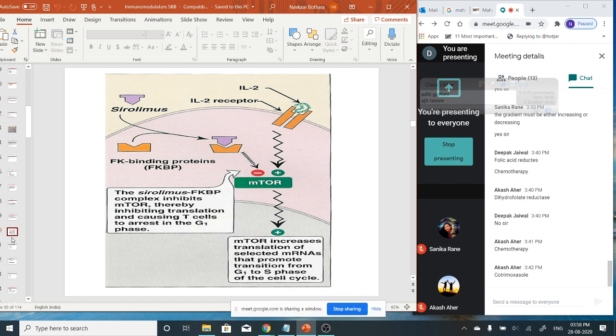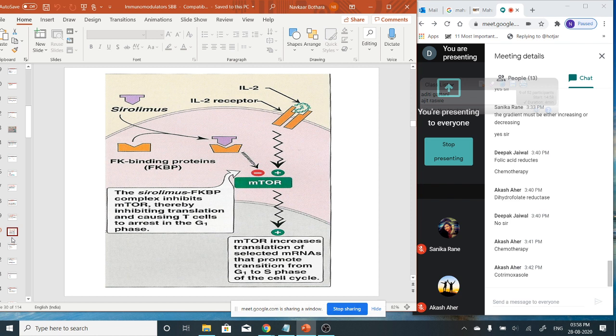So this is how the difference is there. Sirolimus acts on FK binding proteins, which are similar to those of tacrolimus, and hence earlier it was believed that sirolimus and tacrolimus have the same mechanism of action. Later it was confirmed that sirolimus is different, tacrolimus is different.